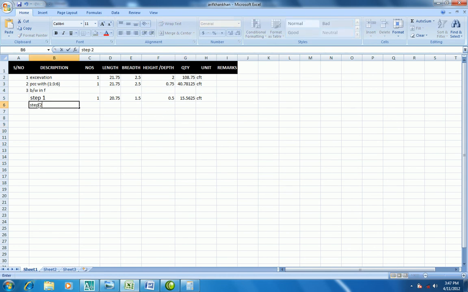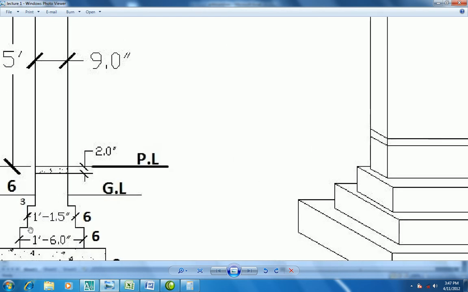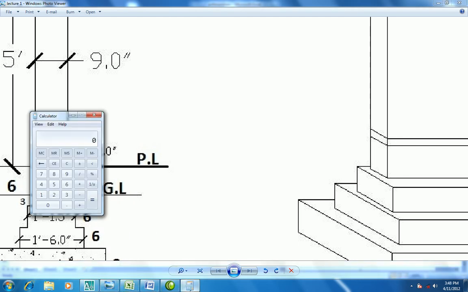So step 2, that's okay, in which we have just one number. So I'm going to print out the length for step 2, that's okay. So let me write here, that's okay. So 1 feet and 1.5 inches. First of all I convert 1.5 inches into feet, so it will become 0.125, then plus it with 1, so it is 1.125 feet.